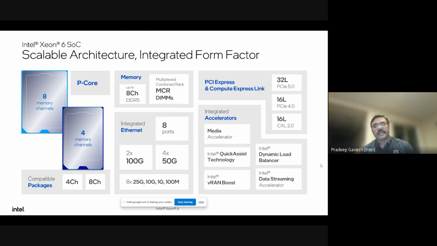And it provides vRAN Boost, which gives you significant accelerator capability for things like FEC and FFT and those kinds of 5G algorithm enhancements which are offloaded to hardware so that you can save your cores for other application-related processes.